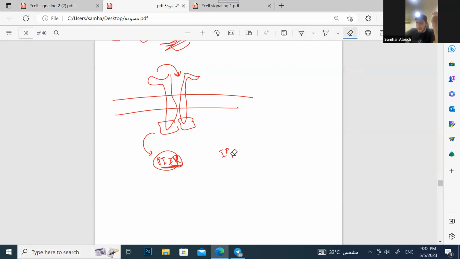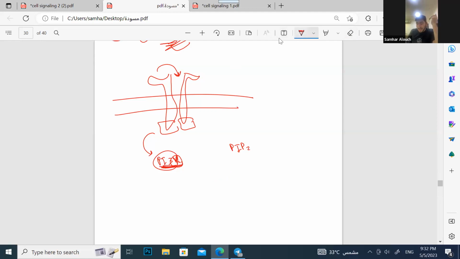So once this kinase is phosphorylated by tyrosine kinase, it can go and phosphorylate other things. So it goes to something called PIP2. We took PIP2 in phospholipase C. Phospholipase C goes to PIP2 and breaks it down into two things. But now PI3K is a kinase. It can't break it down.